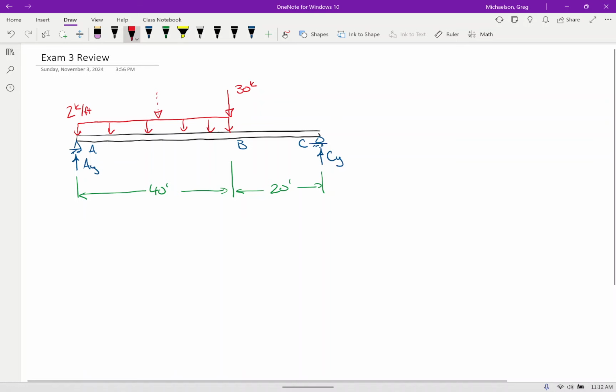This is going to be 2 kips per foot over 40 feet, so this is 80 kips, and from here that's going to be 20 feet. So if I sum moments at A, here's what I've got.